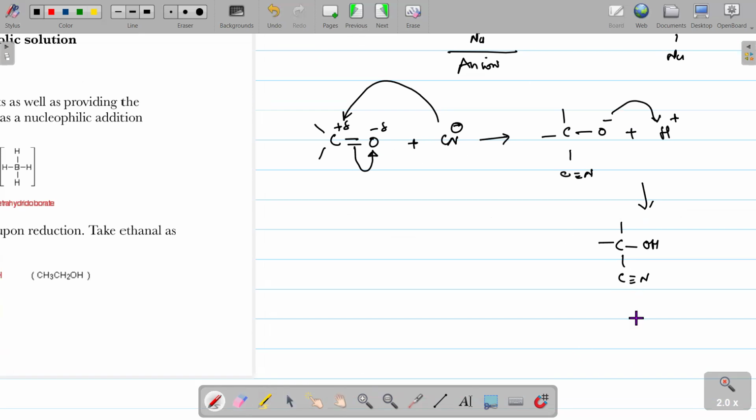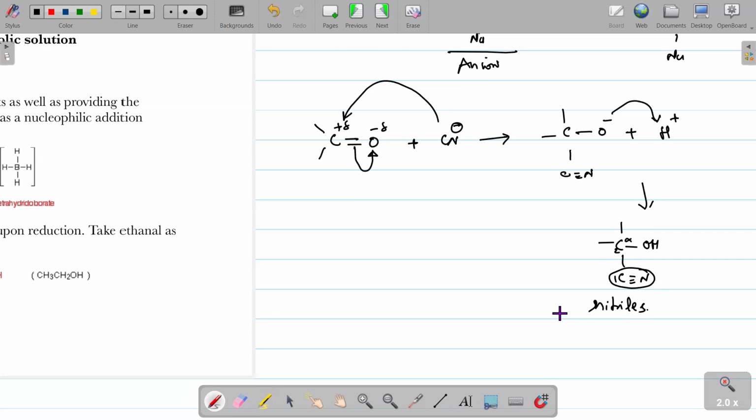So these products are basically nitriles. And in these nitriles, let's say if this one is our first carbon, so 1 and 2, or you can say this carbon with which the functional group is attached, we can call it alpha carbon.